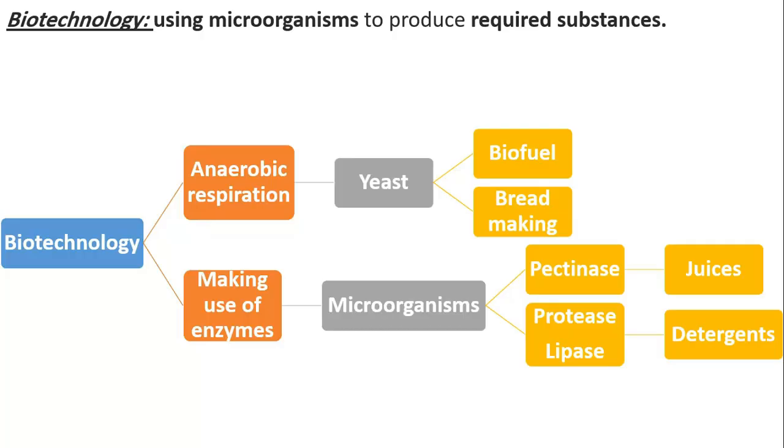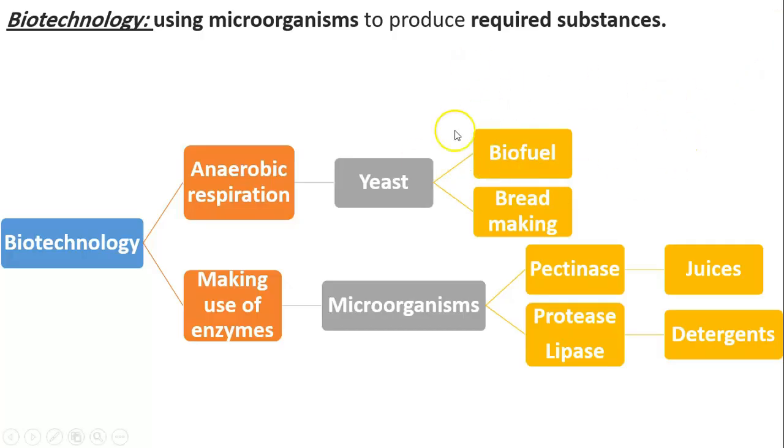Biotechnology, we can use anaerobic respiration by the microorganism yeast, or we can make enzymes by different microorganisms, mostly bacteria. If we use yeast, remember the anaerobic respiration by yeast used to produce ethanol and carbon dioxide.